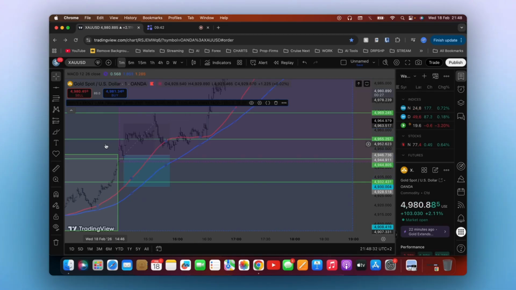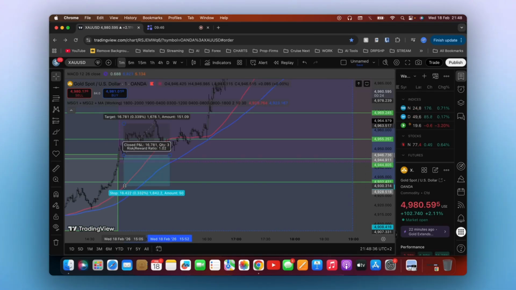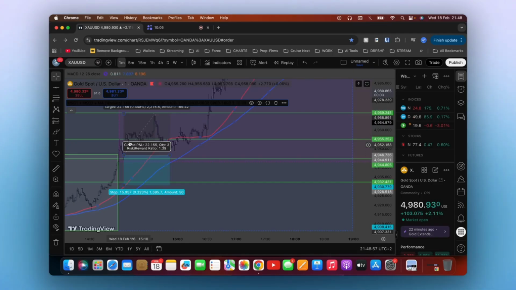Okay. So I entered off there. I then put my stop loss below the second resistance, just below there. Okay. And then aimed for the first TP, take partials there, aim for second TP, which is there. Okay. So yeah, the first and second TP hit pretty quickly.